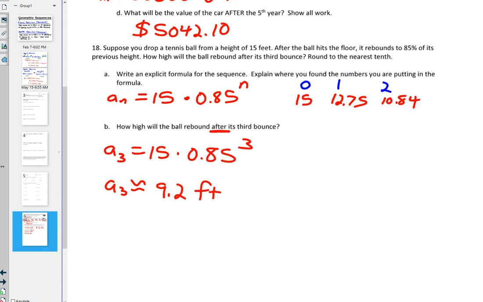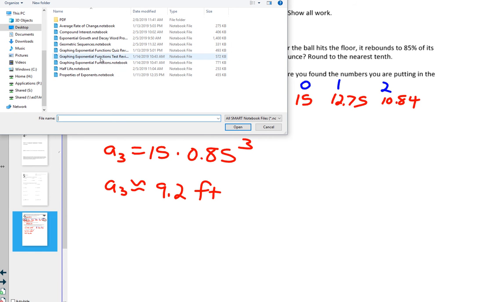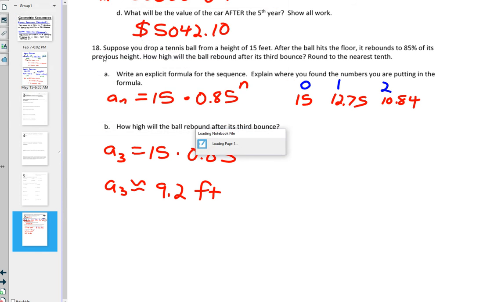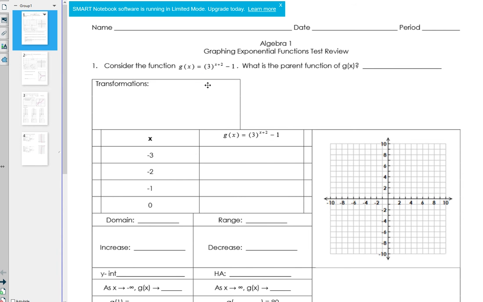So now let's move on to the review page that I gave you today. You didn't get one? If not, it's going to be $5. Is this it? No, that's not it, right?